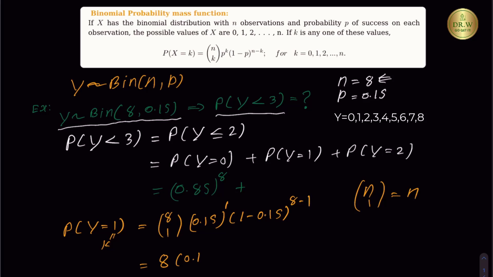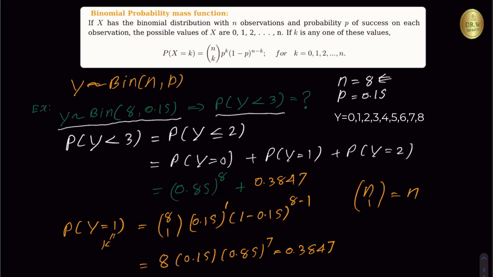Then 0.15 and 0.85 to the power 7. So what is this? It is 0.3847. Let me also write 0.85 to the power 8 in decimals. It is 0.2725.